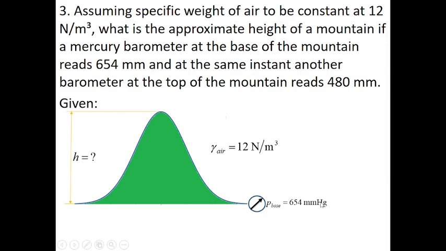Okay, this is at the base. At the same instant, another barometer at the top of the mountain reads 480 millimeters of mercury. And air is assumed to be constant at 12 newtons per cubic meter. Given this condition, what will now be the approximate height of the mountain?